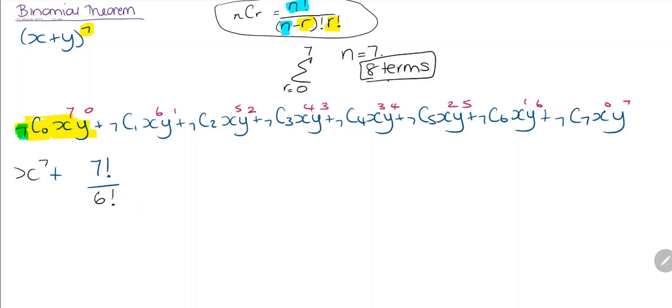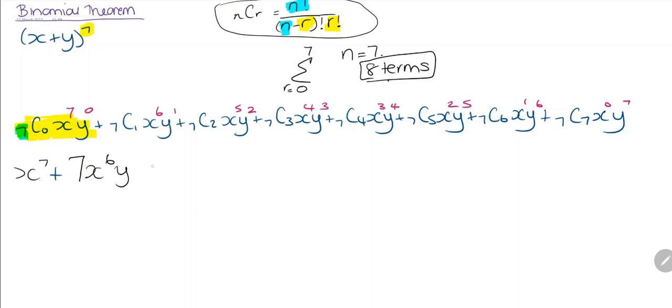And if we work that out, 6 factorial divided by 6 factorial cancels, so we're just left with 7. So it's 7 x to the 6 y, and we don't write the 1.